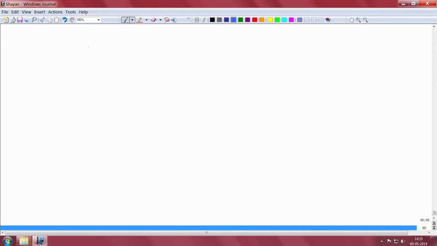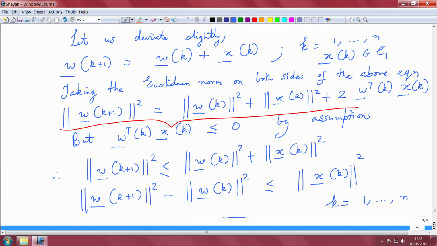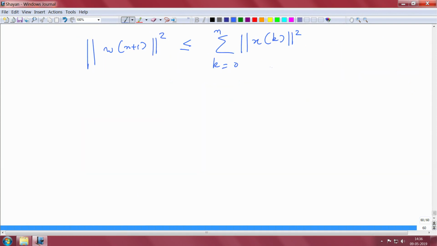You will end up with norm W n plus 1 square is less than or equal to sigma k equals 0 to n norm x k square. Right, let us call this equation 6 and let us call this equation 7.